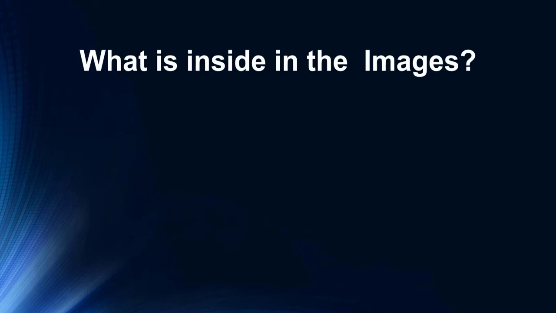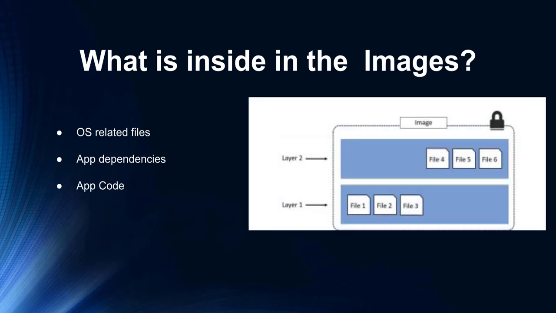What is inside the images? What exists in the images? As I said, some OS related files, application dependencies, and application code exist in the images. They don't just exist, they exist in layers, in different layers. There are multiple layers: 2, 3, 4, 5, 6, or maybe 10 or more.